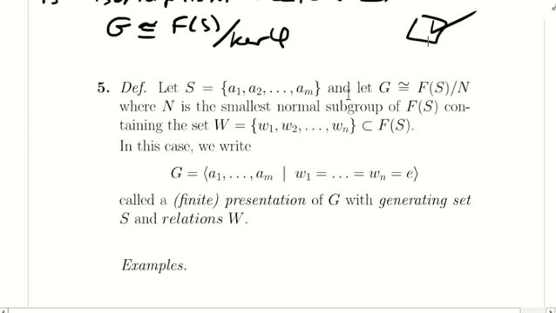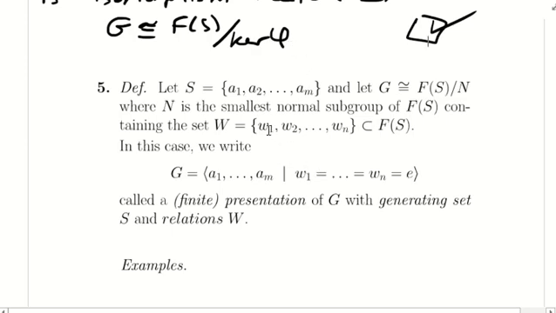Okay? So in other words, take the kernel and figure out what its components are. Find the smallest normal subgroup that contains all those elements in the kernel. Right? That would be N, equal to the kernel, right?